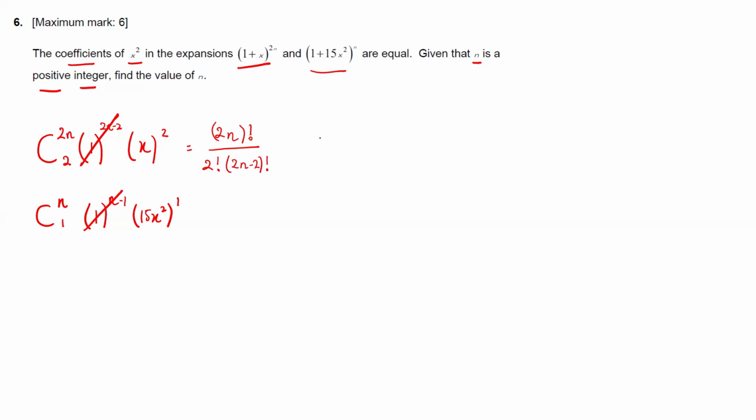And then we don't have the 1 and then we have x squared right here. As for the second one, we will have n factorial divided by 1 factorial. We can ignore that one later, and we have n minus 1 factorial. Multiply with 15x squared. Now, we'll just focus on the coefficient because the coefficient is the one that is the same. Now, let's try to work with each one of it first.